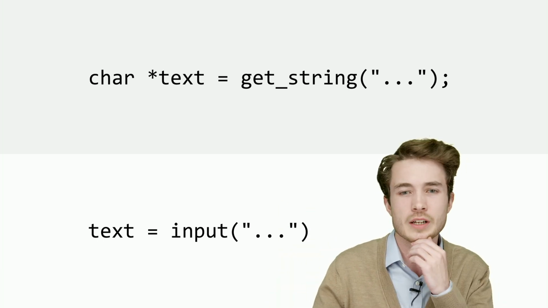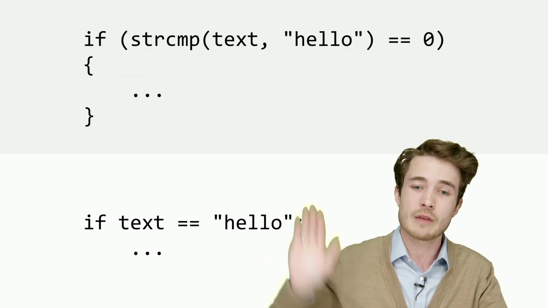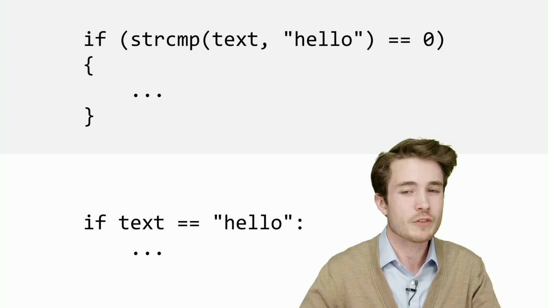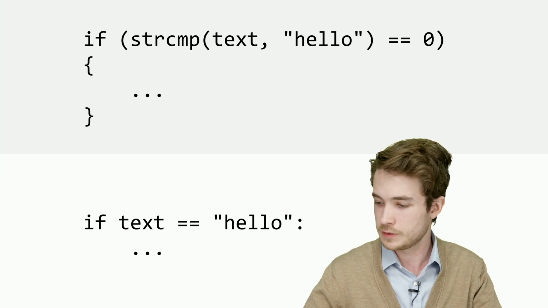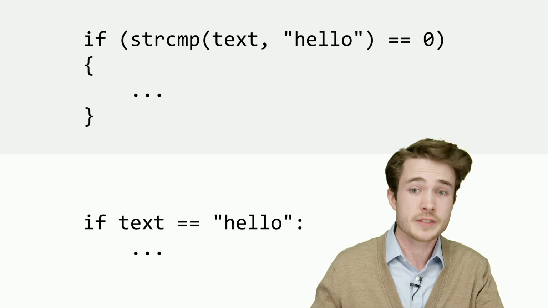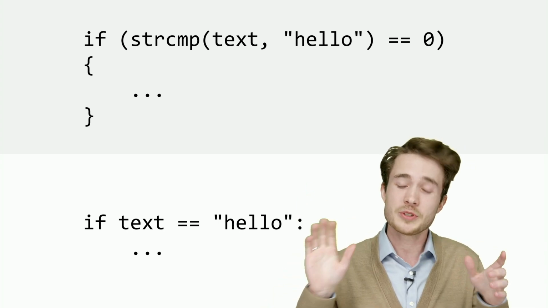But how would we actually compare them, perhaps? So in C, we had this top code. And in Python, we now have this bottom code. And so take a moment to yourself, maybe pause the video and think, what differences do you notice here between the top and the bottom? And so maybe you've seen that in the top, we actually are comparing text with hello using a different kind of function.